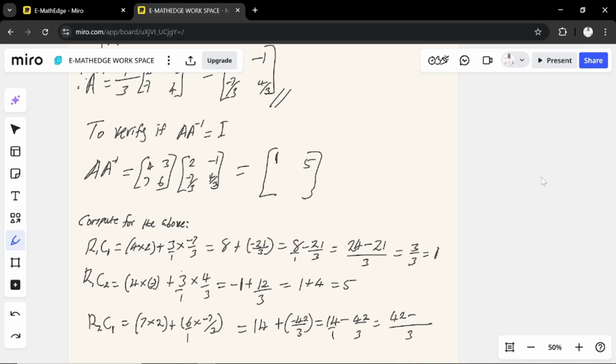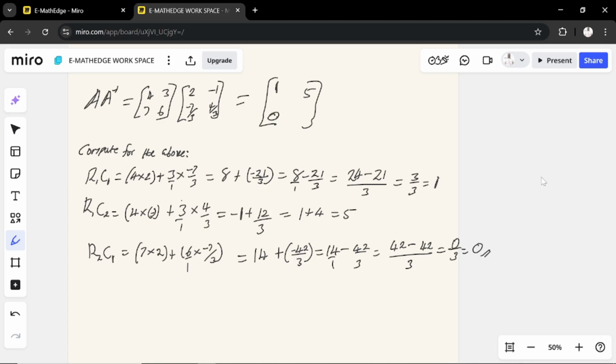Then use that 1 multiplied by 42, we are going to have 42, such that 42 minus 42 is going to be 0, divided by 3, which is equal to 0. So that's to say the element in the second row, first column, which is this point, is 0.